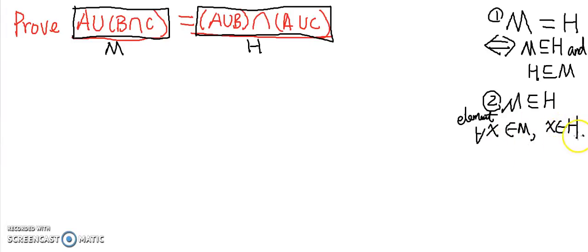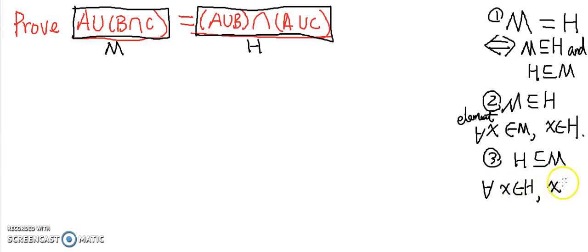If you can prove that, then you've proved Math Club is contained in History Club. Similarly, the second case you have to prove: how do you prove History Club is contained in Math Club? You have to pick any element from History Club, any member. You need to show this member x is also a member of Math Club, and then this will be proved.